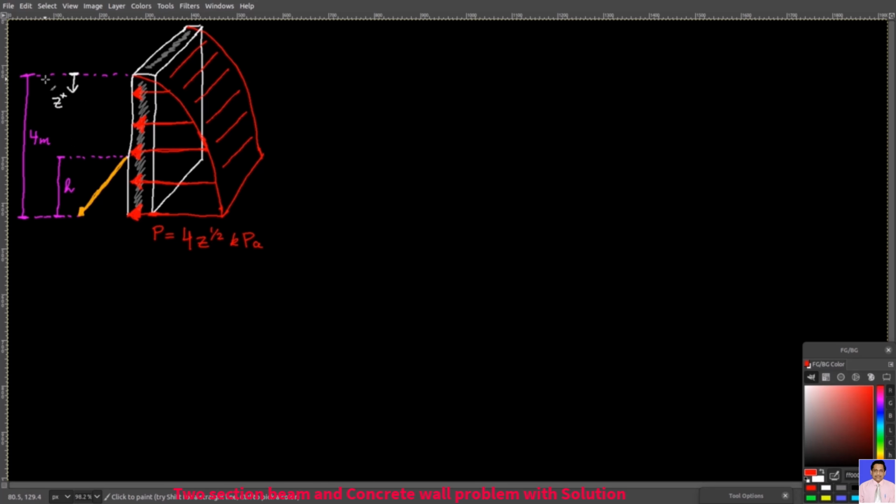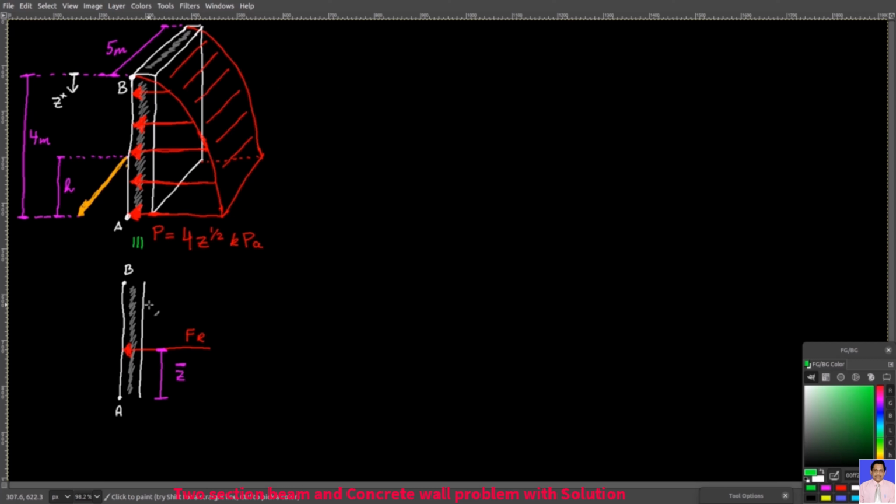Also, the wall is 4 meters tall and 5 meters wide. As you can see, the pressure distribution is constant along the width of the wall. Let this point here be A and this point here B. Now this entire force distribution can be replaced with a resultant force that will act through a special location, making these two representations equivalent.